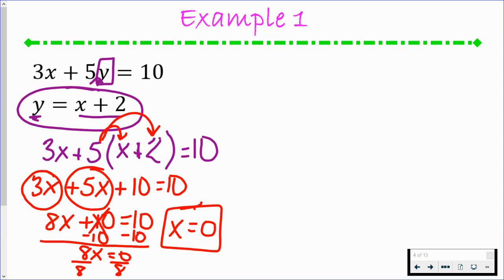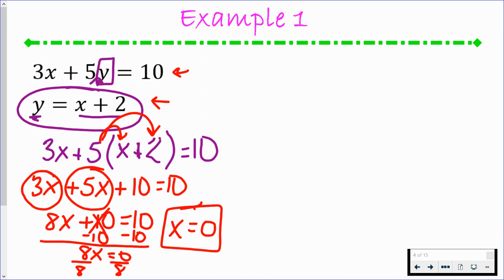Now I'm going to go back and use my solution of x equals 0, and I'm going to plug it into one of the original equations to get my y value. Looking at the first equation or the second equation, sometimes you're going to find one looks more inviting to plug into.